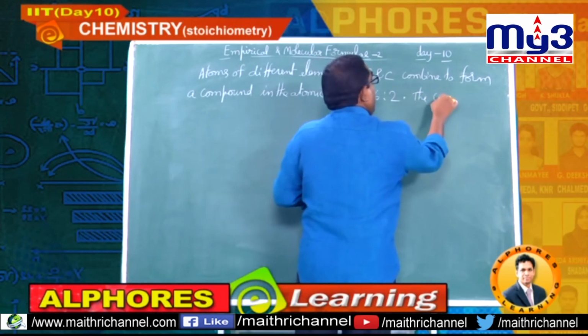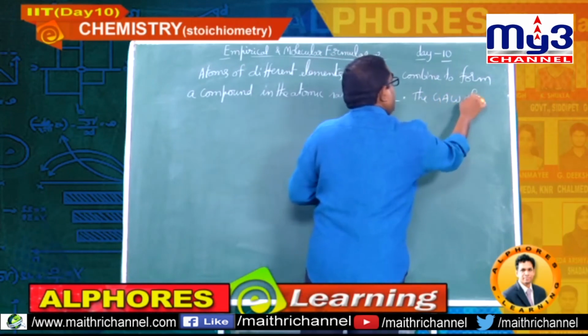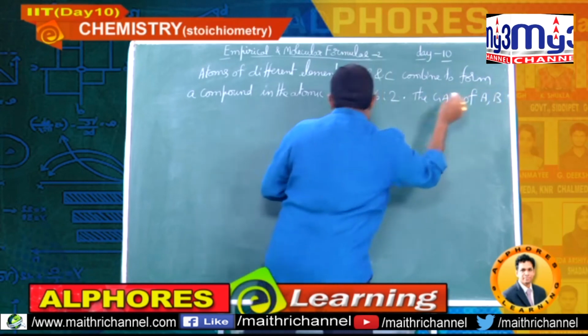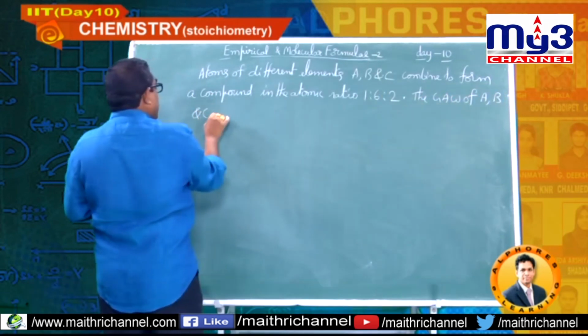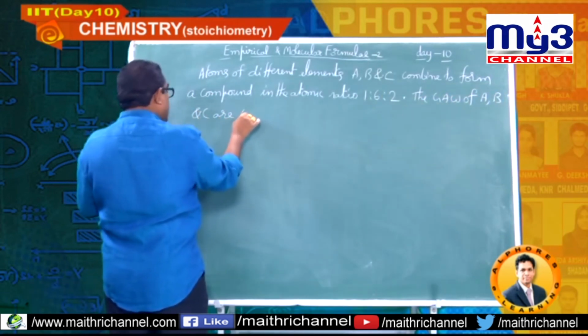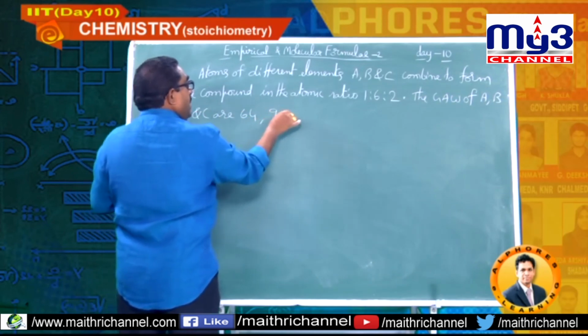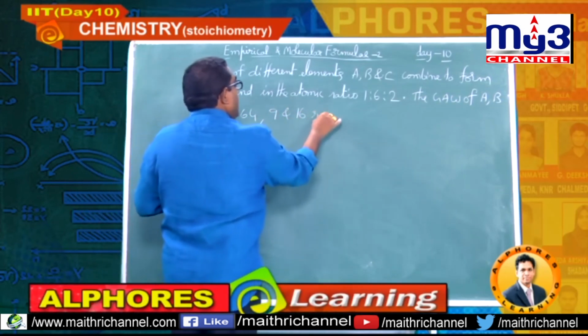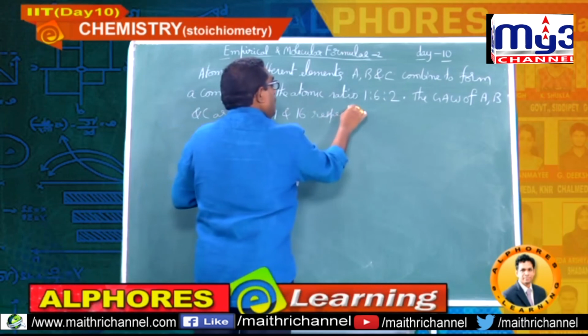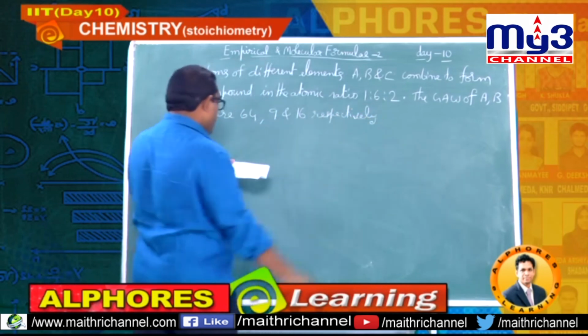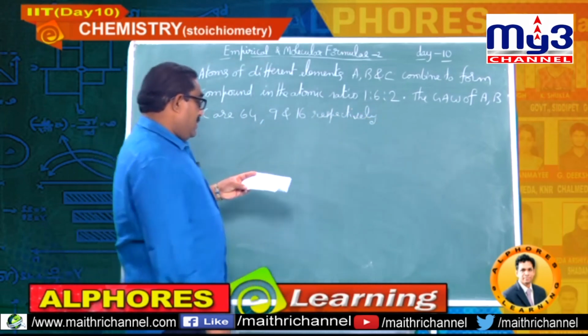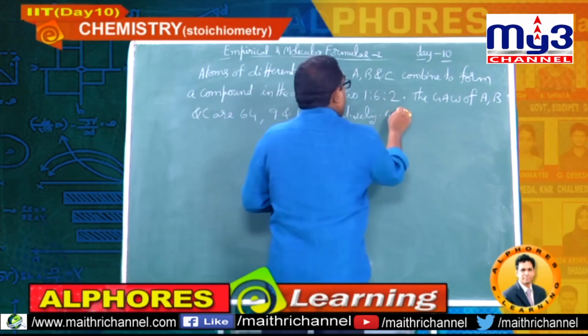The GAW, gram atomic masses of A, B and C are 64, 9 and 16 respectively. Full stop.